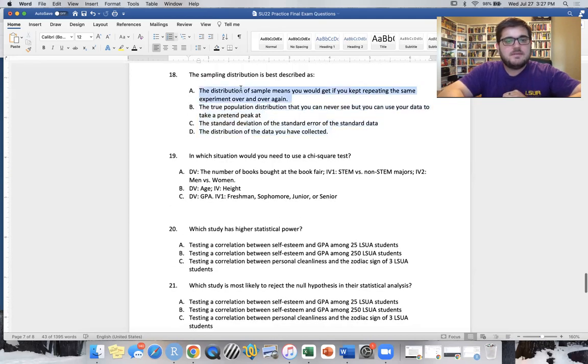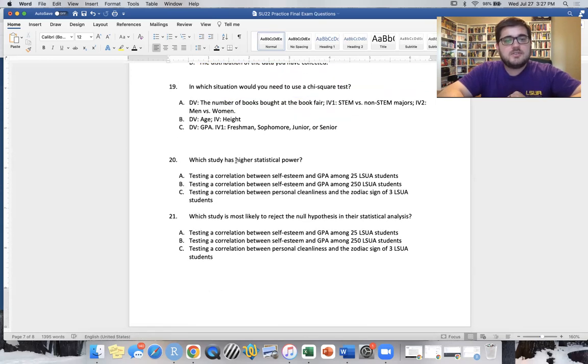So A is the correct answer for this one. Number 19, in which situation would you need to use a chi-square test? The chi-square test is used when you have categories and you have a count for how many observations fell into each category. So if the dependent variable is age and the independent variable is height, well, that would be a lame experiment.